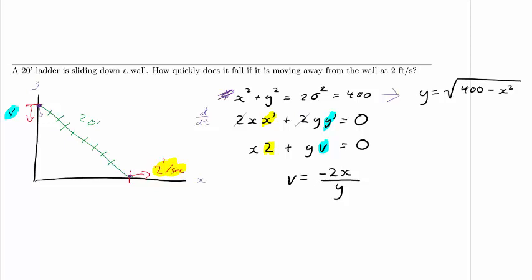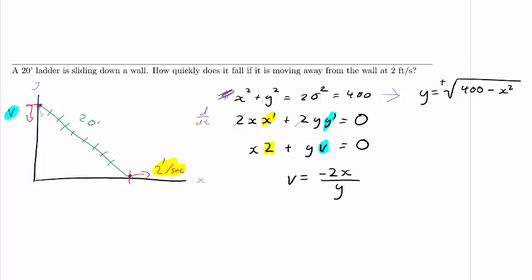We solve it for y, and we have y equals the square root of 400 minus x squared. Note, I'm not taking a positive or negative there, as a negative sign in front would make no sense, because a negative sign would imply that the ladder has a position down here underneath the floor. So we're only taking positive values.